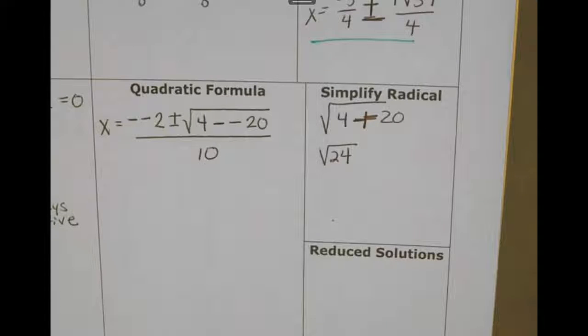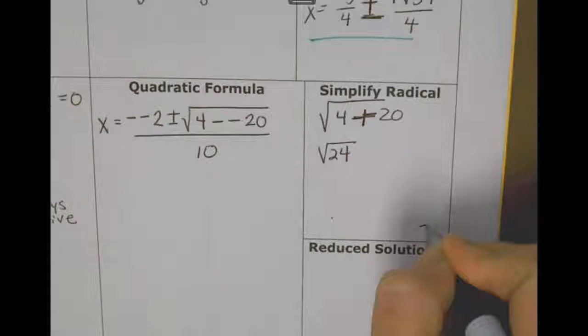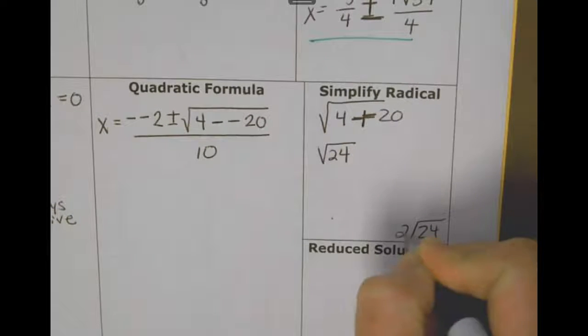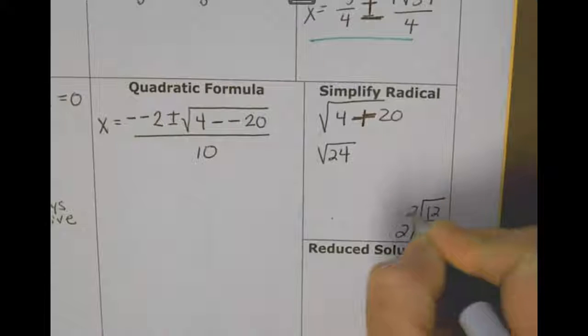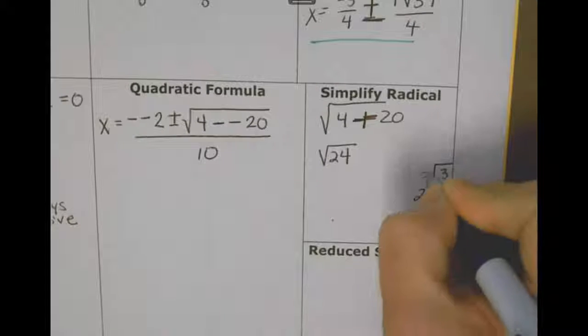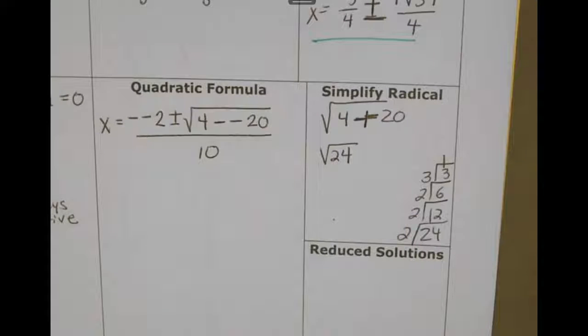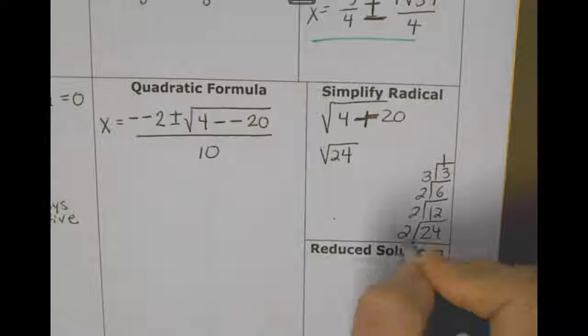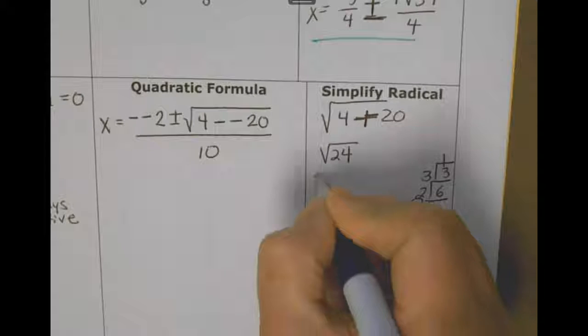Is the square root of 24 a perfect square number? It is not, so that means birthday cake. Divide by 2 as long as you possibly can, then divide by 3. The reason you do the birthday cake is to find the pairs.